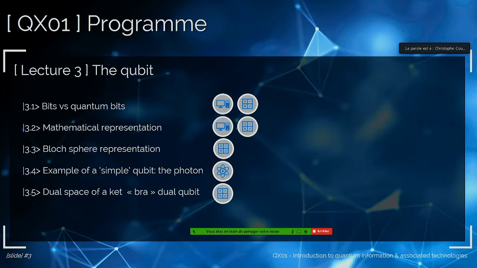And then I already started to introduce the example of a simple qubit, the photon, and for that I will show you a typical experiment of what we call quantum optics, and how we can use photons as qubits. And then I'll finish this part on the dual space of a ket, being these sort of weird vectors we've seen so far, which is called a bra, which can be seen as a dual qubit of a ket, and we'll see why this is important for the following.